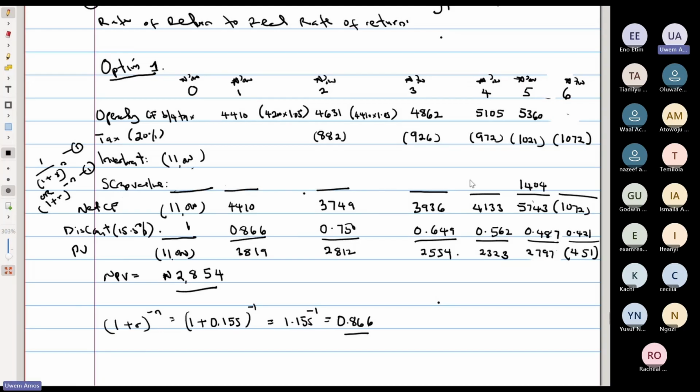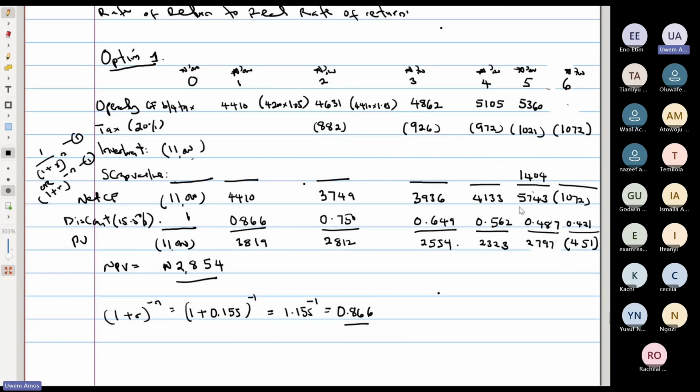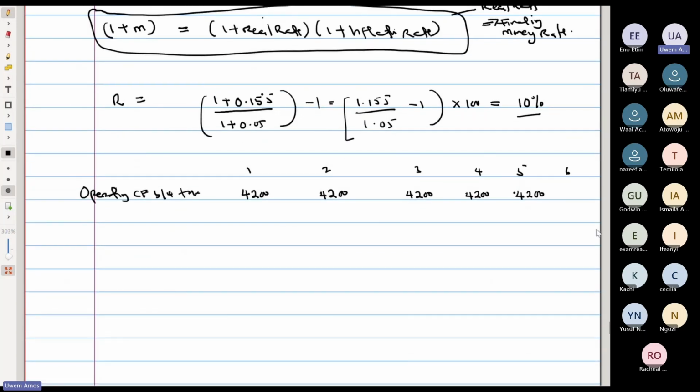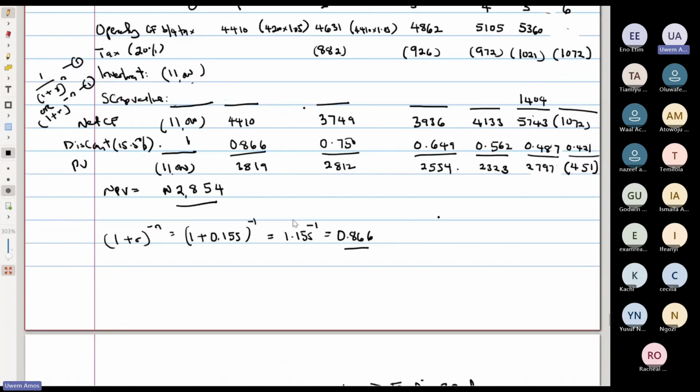You are not going to inflate it because we're going to use the real price term, which is 1.1, which is the value as at now. So bring in 11,000, bring in 1.1, not the nominal or inflated value.